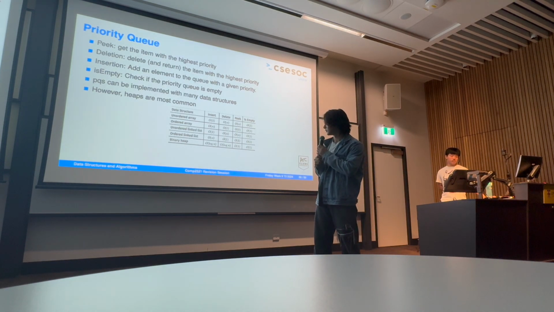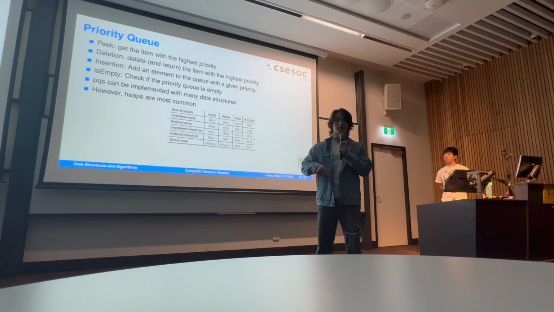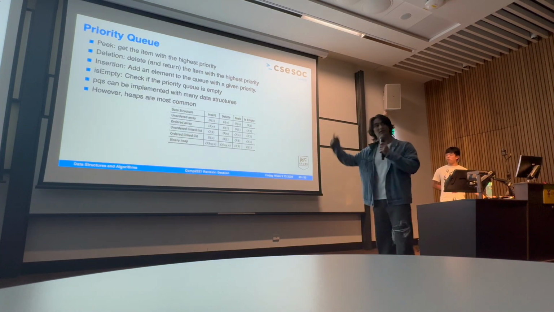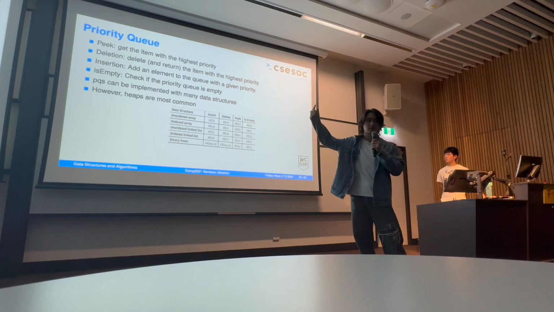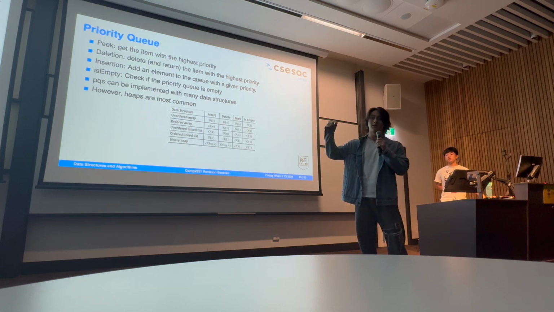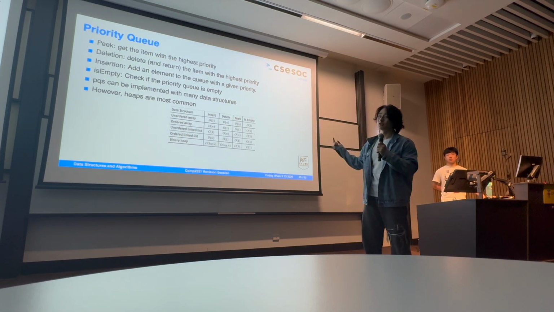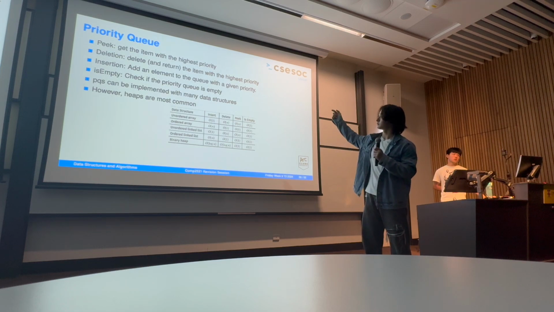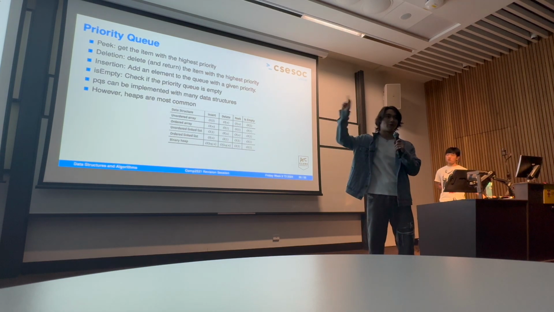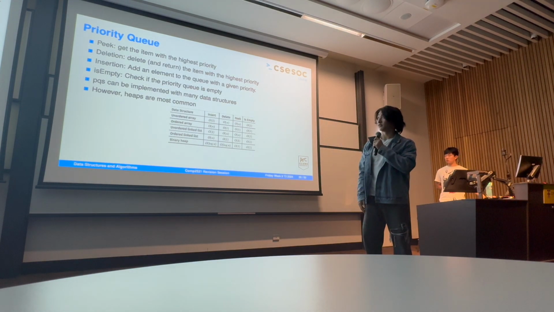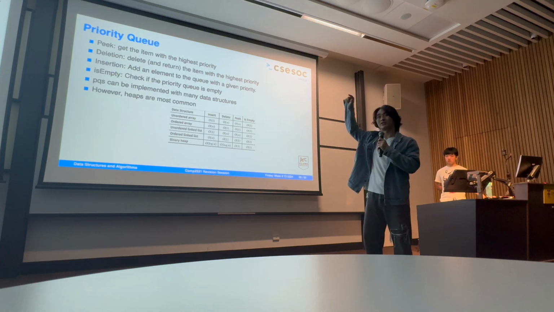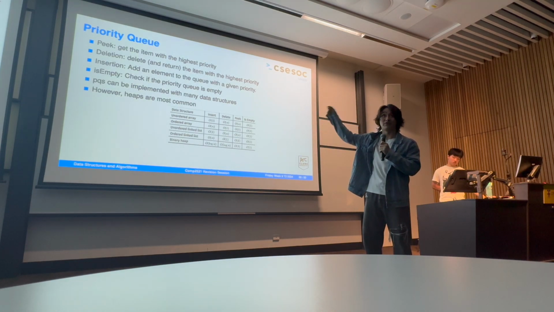Since it's log n, if we need to fix up or fix down, we only need to fix up or fix down log n levels, which means that insertion and deletion are going to be log n. For the peek and isEmpty operations, we just check the front, right? The first thing.